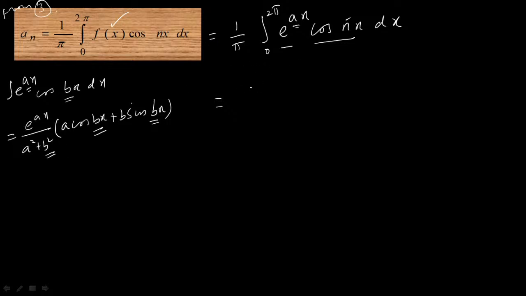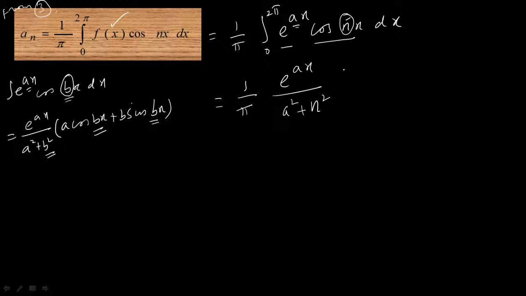So we have the evaluation of the integral, that is 1 by pi e power ax divided by a square plus, instead of b square write n square, because instead of cos bx here we have cos nx. So this is the only difference. So replace b by n in this formula.